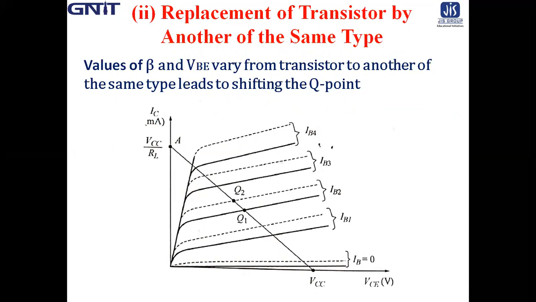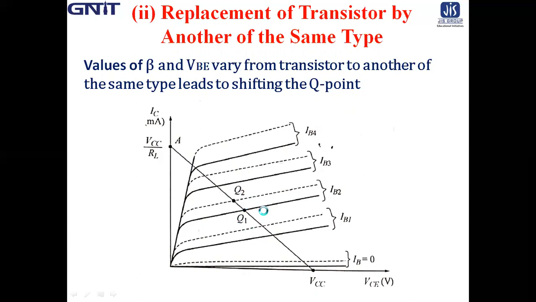This leads to shifting of the Q point for equal changes in IB. The spacing of the collector characteristics increases or decreases as beta increases or decreases, which is shown in this figure.